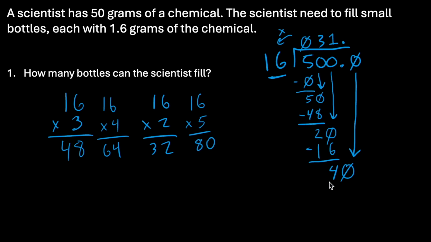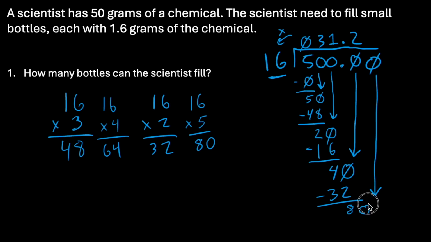We may need it. And then we write that 2 up here. So 2 times 16 is 32. And 40 minus 32 is 8. And 16 can't fit into 8, so we bring down another 0. And so looking at these multiplications, 16 times 5 is 80.